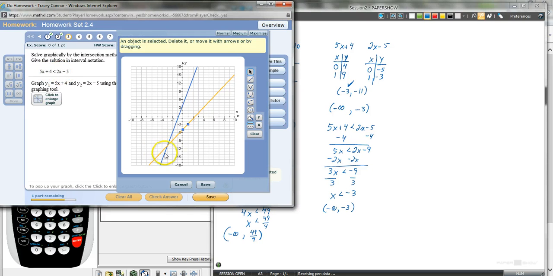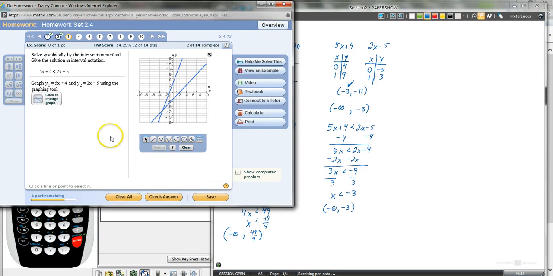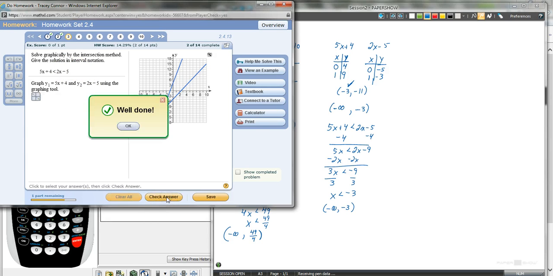So that's right here, and then we can see our x values are going down, so it's going to be less than, so we're going towards negative infinity, and it's less than this intersection point. So what you can do, if this doesn't make a lot of sense to you, is just make this graph and save it, and then solve this algebraically like I just did, and then you'll have your answer.